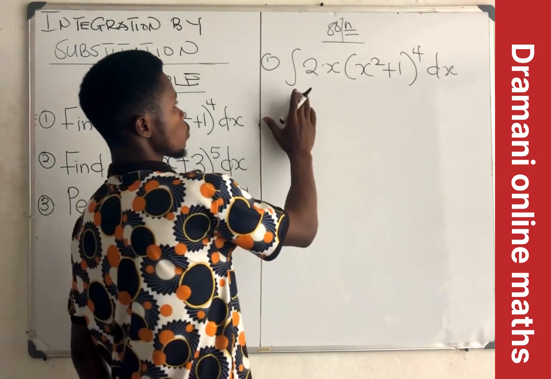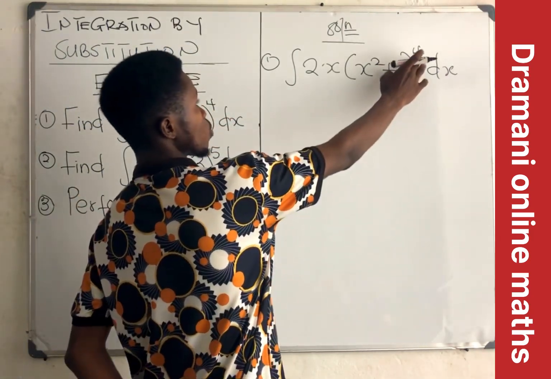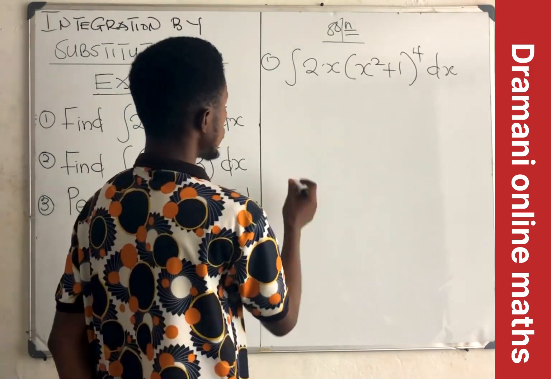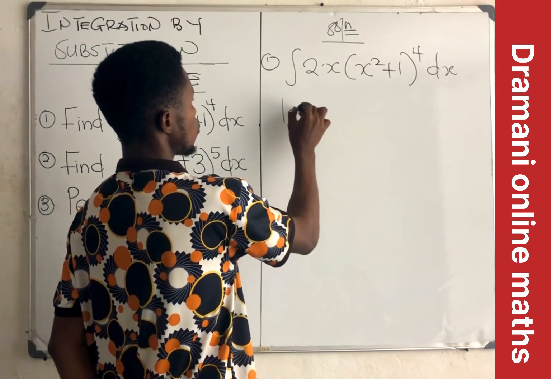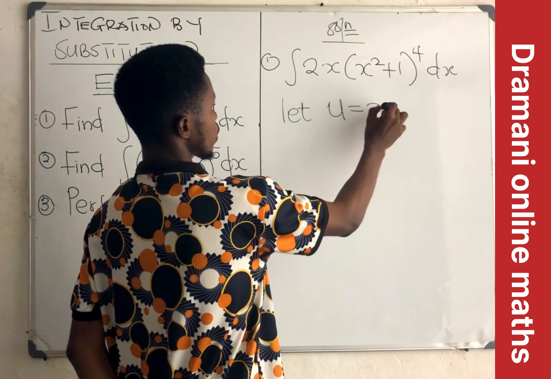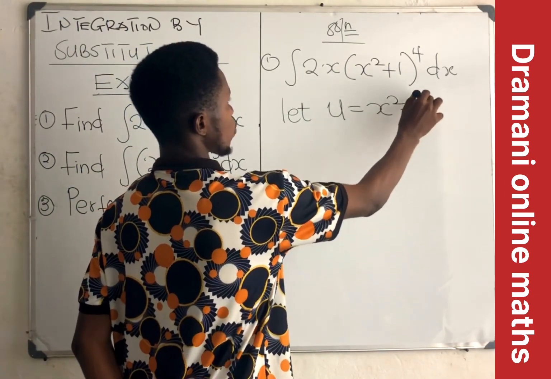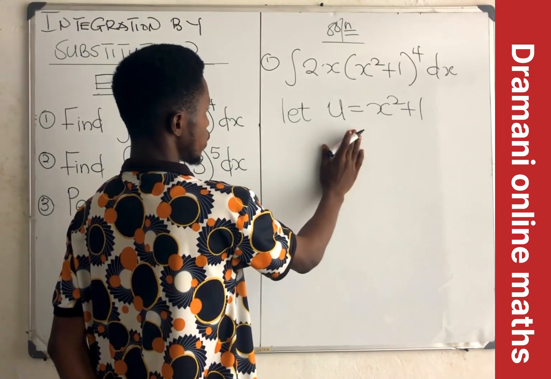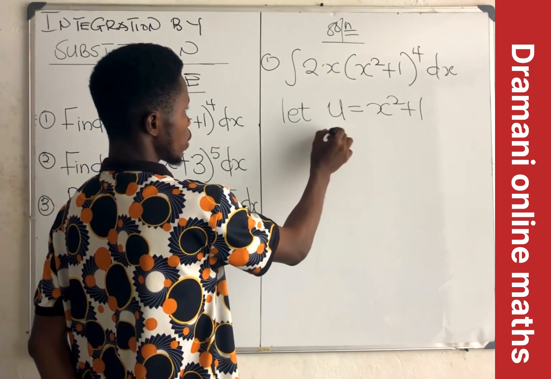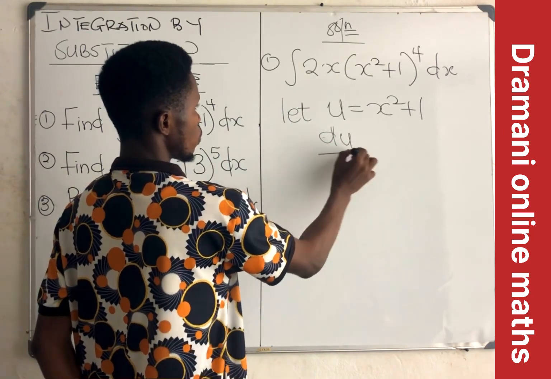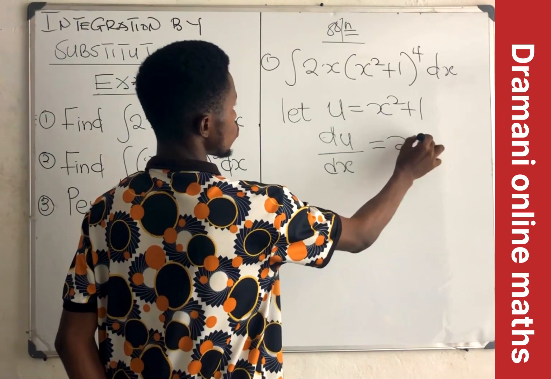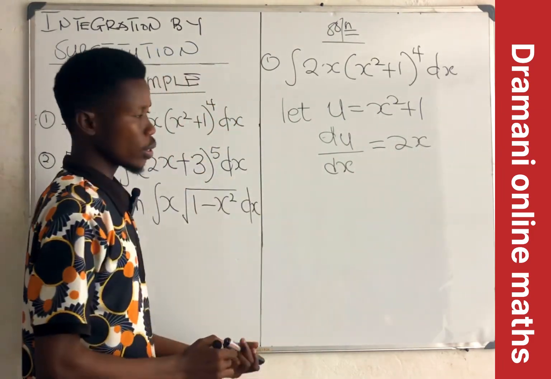For you to be able to find this, because here it is to the power 4, it will be difficult to expand this one. So what we do is let u represent whatever is in the bracket, which is x squared plus 1. Then we differentiate this: du/dx gives you 2x.